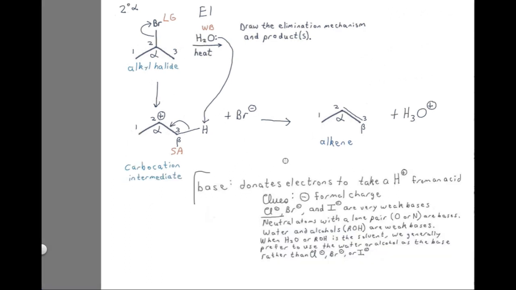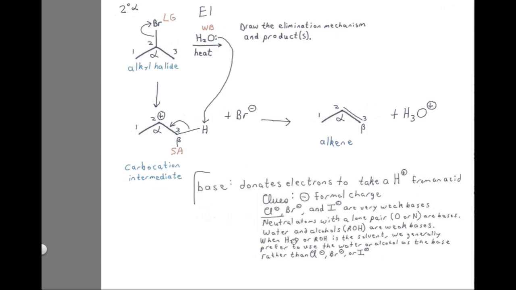Now, another detail that might have worried you while we were going through the mechanism is, in the second step, why did we use the water as the base instead of using the Br- as the base? After all, this bromine has a negative formal charge. Doesn't that make it want to donate electrons? Well, it turns out that Cl-, Br-, and I- are very weak bases.